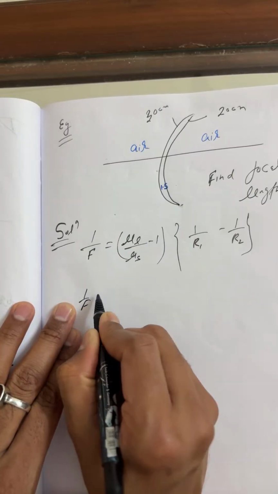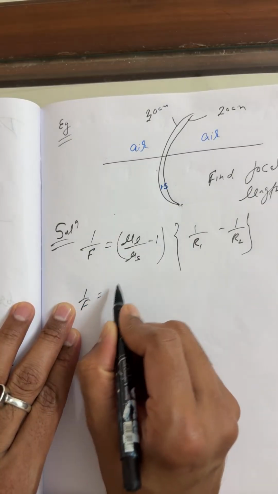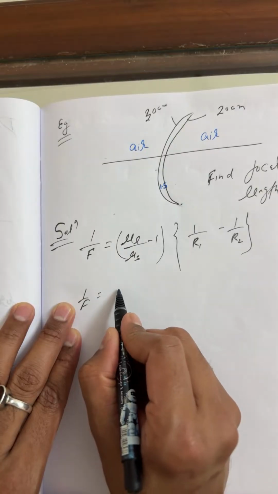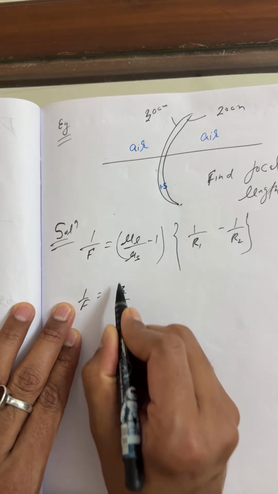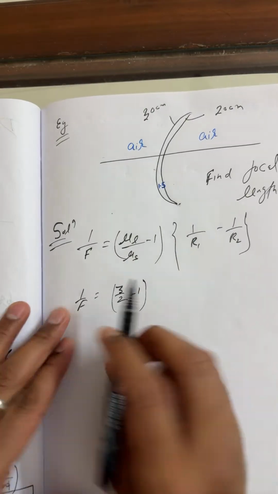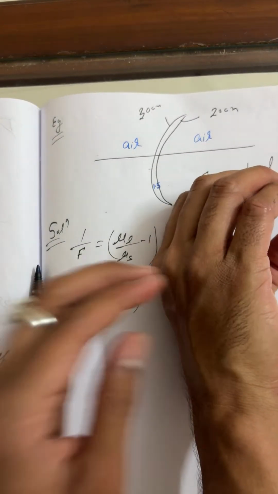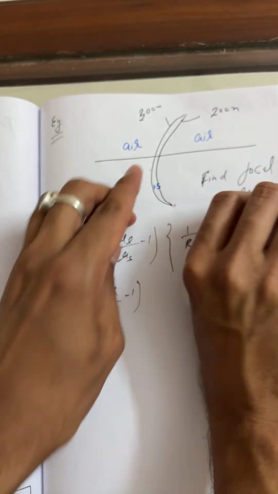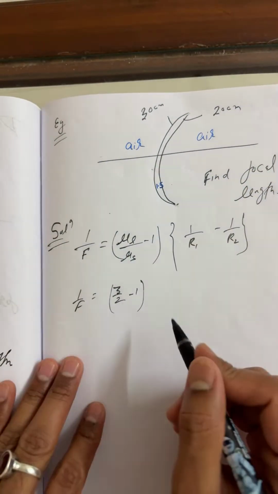Further, just substitute the values. Mu of lens is 1.5, so you can write 3 by 2, and for air take 1. This is 1 upon R1. As I said, if the ray falls on this surface, it is positive, so this is positive only.